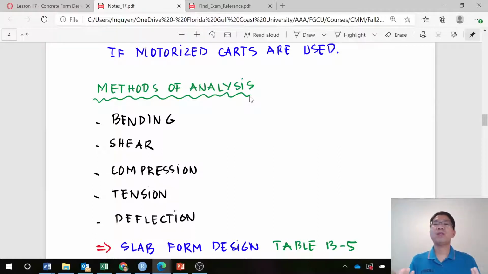For example, for columns with a central axial load, it is only compression and bending. For the beams, we may need only the bending, the shear, and the deflection. We don't need compression for the beams, as you can see, unless they are simple beams. For continuous beams we can ignore compression and tension. So bending, shear, and deflection.